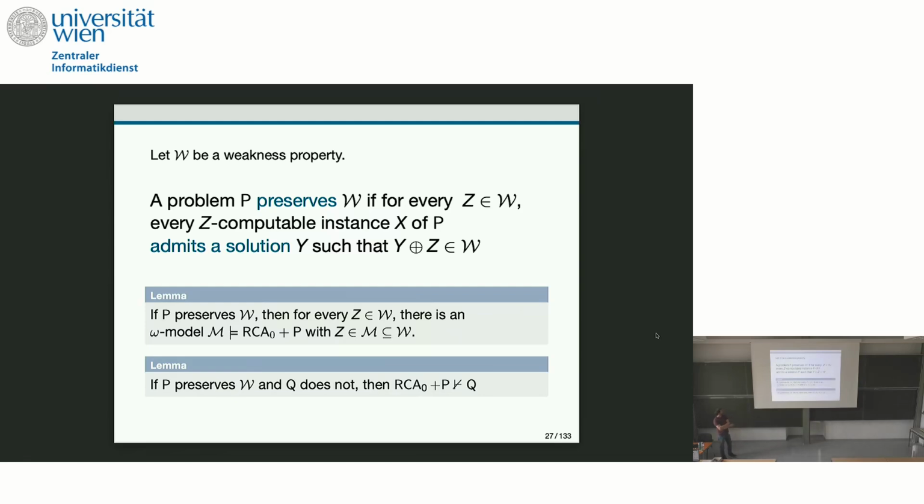And then, using this previous lemma, you can prove that if P preserves W but Q does not, then RCA0 plus P does not prove Q, and this separation is witnessed by an omega model. How do you prove that?